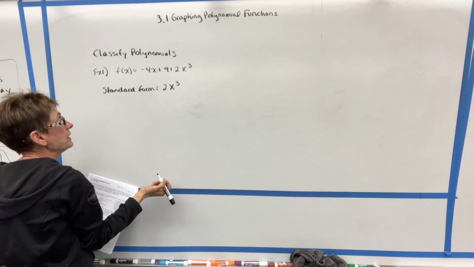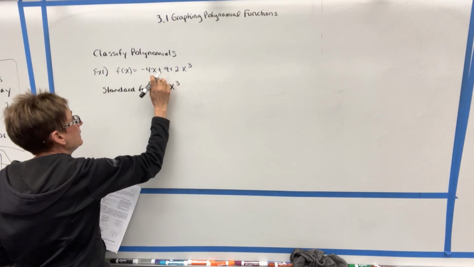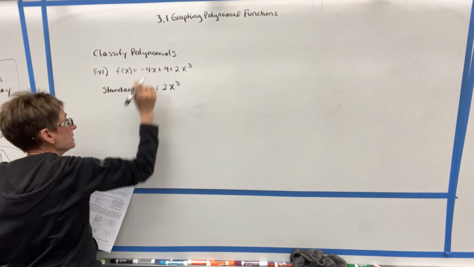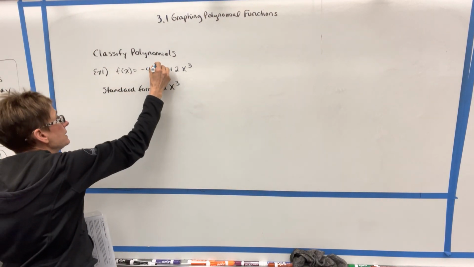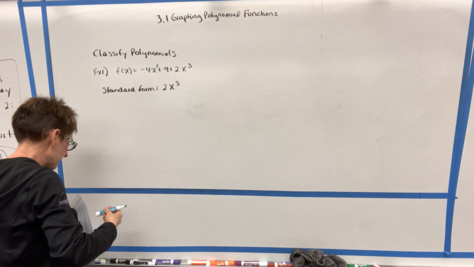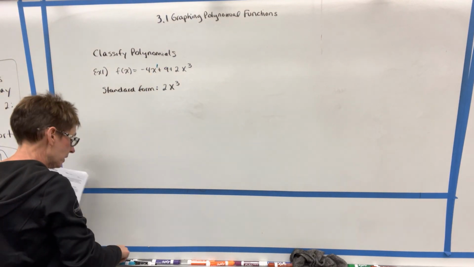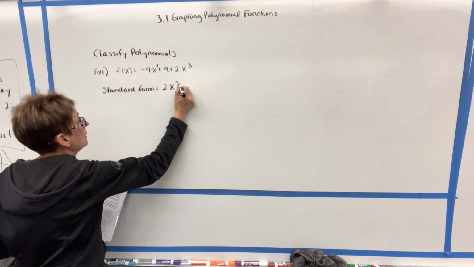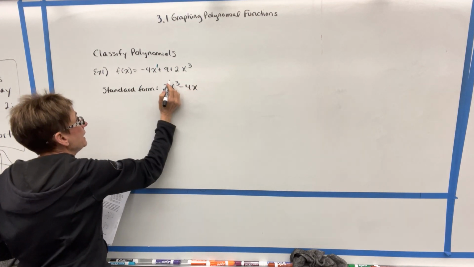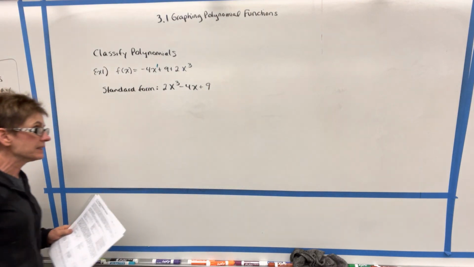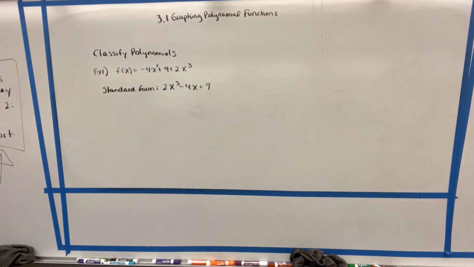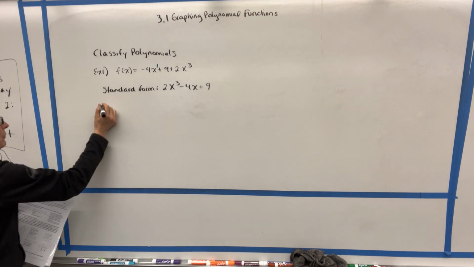So we're going to write 2x cubed first, and then x to the power of 1. There's an invisible 1 on the top of that x there. That would be our next power, so that term would come next. We would write minus 4x. And you can think of the 9 as being 9 times x to the power of 0 if you want, but 9 would come last. So that would be in standard form.